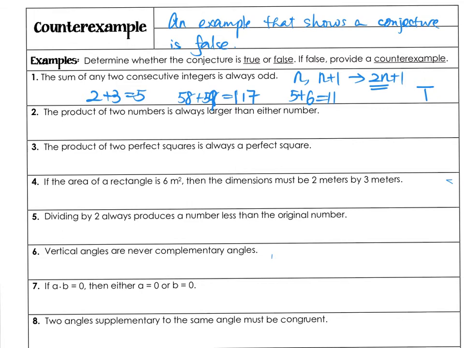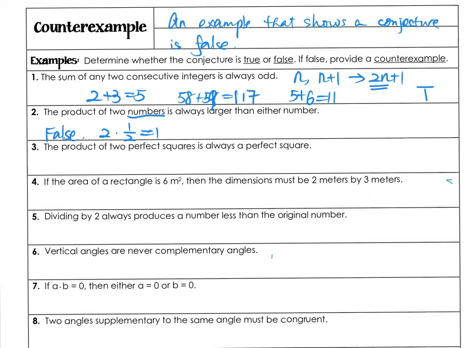Next one, the product of two numbers is always larger than either number. Be very careful. Here it says two numbers, so I would say this is false, because as a math teacher I can provide some counterexamples. So let's say 2 times a half equals 1.